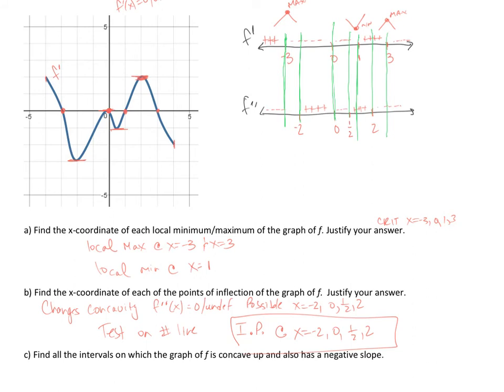Now I'm looking for these intervals, and you can see, start with the concavity ones. We know that this is negative all in here. Concave up right here, negative slope. Oh, that happens from -2 to 0. Let's see, does it occur anywhere else? Well, I need positive concave up from 1/2 to 2. It's concave up.